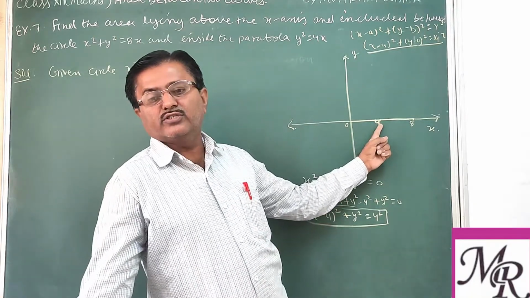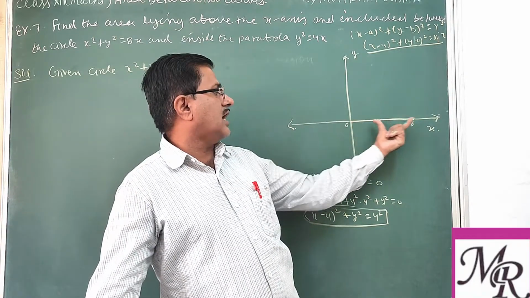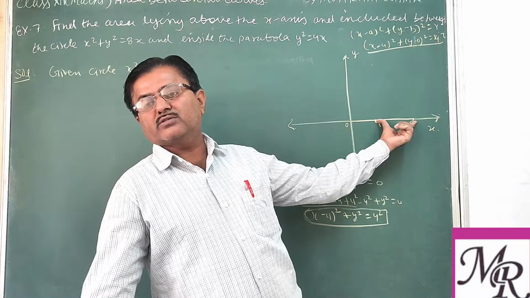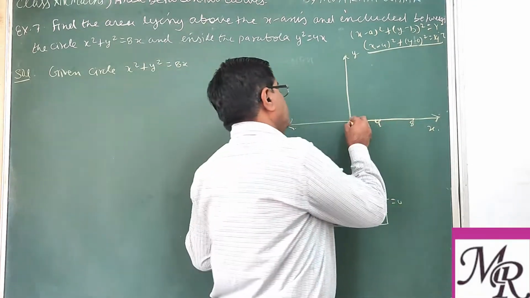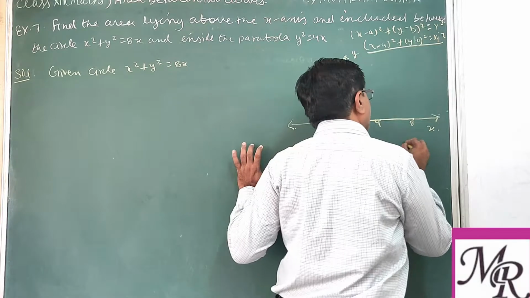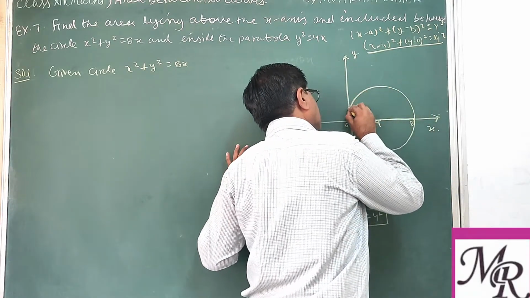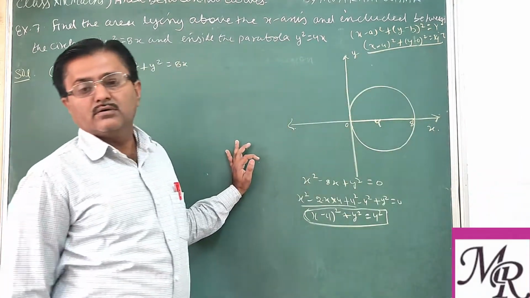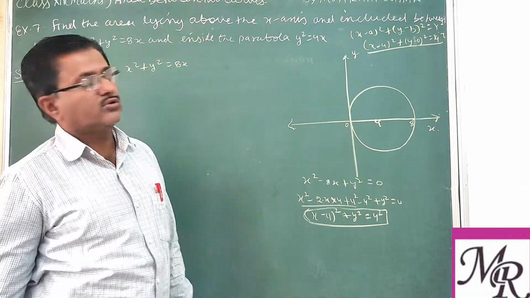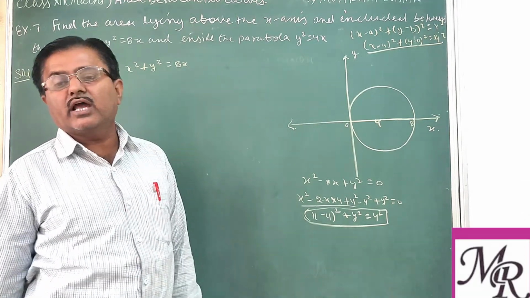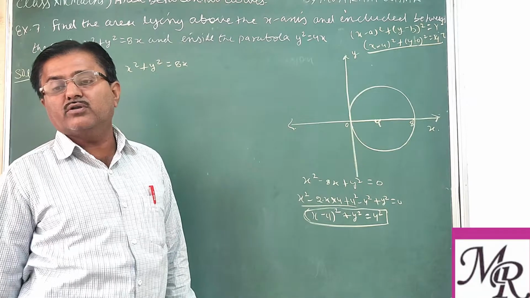Center is at (4, 0), so 4 units from this side and 4 units from this side, the radius will pass through. So if you draw, the figure will be like this. If you draw the correct figure, then only the calculation will be correct, otherwise it will not be correct.